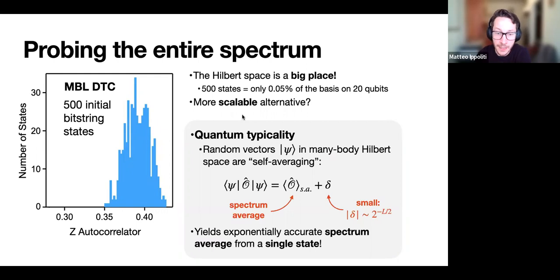More specifically, if you take the expectation of any operator O of your choosing on one of these random vectors psi, then you'll find the spectrally averaged expectation, just the trace of O, up to a fluctuation which is exponentially small in the system size. So this is very attractive for our purposes because by preparing a single state, of course we have to say how we do so, we can get the response of the entire spectrum.